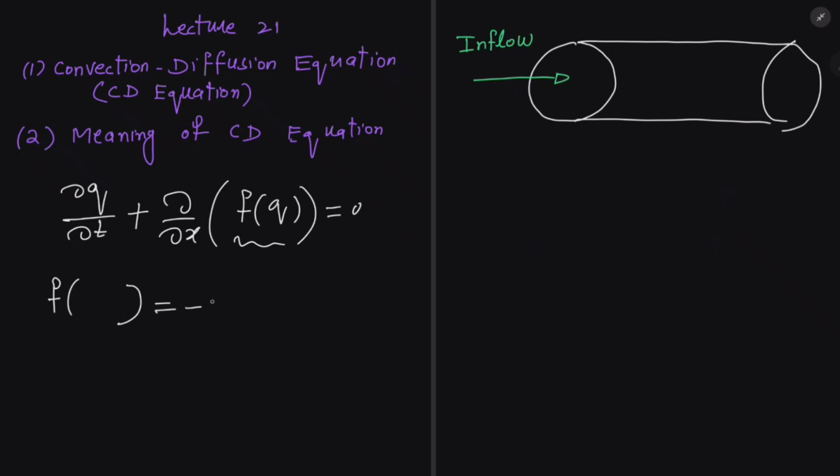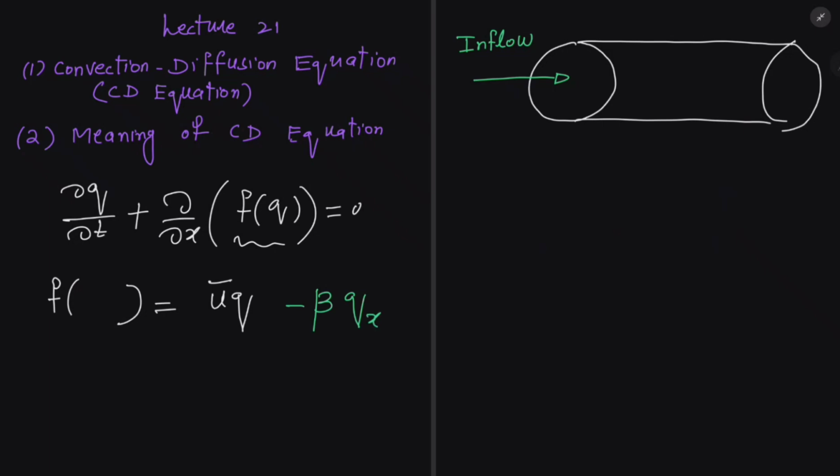For convection, we need u bar q, and for diffusion, for example, here it will be minus beta partial q by partial x, and in short notation, we write it like this.